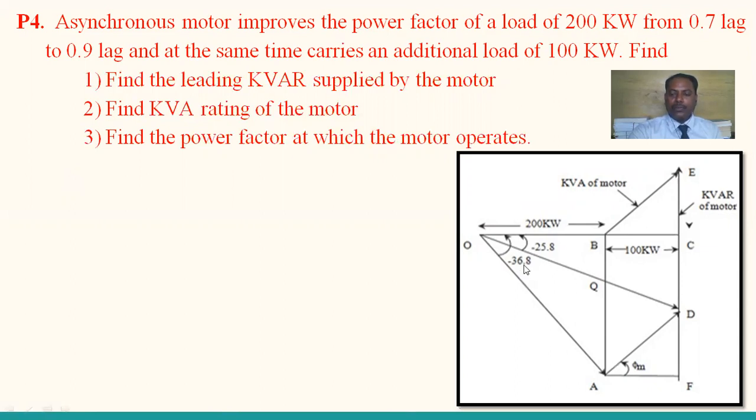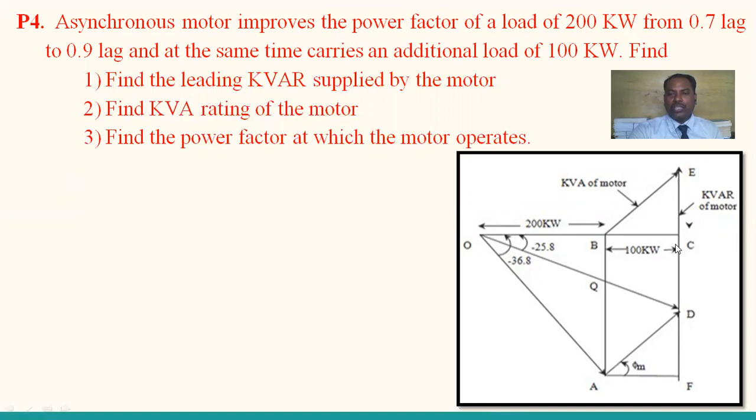To enhance this power factor from 0.7 to 0.9, a synchronous condenser is connected. It draws an additional load of 100 kilowatts. From B onwards, the 100 kilowatts is to be taken into consideration. It consumes 100 kilowatts additionally, so that it injects reactive power into the circuit.